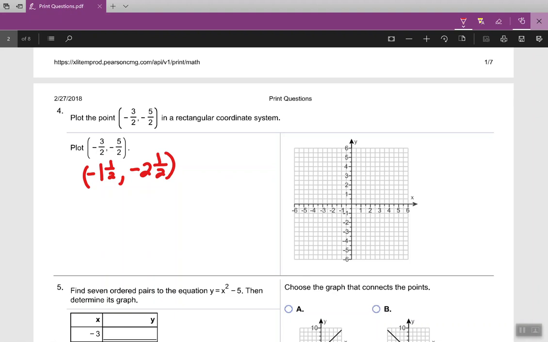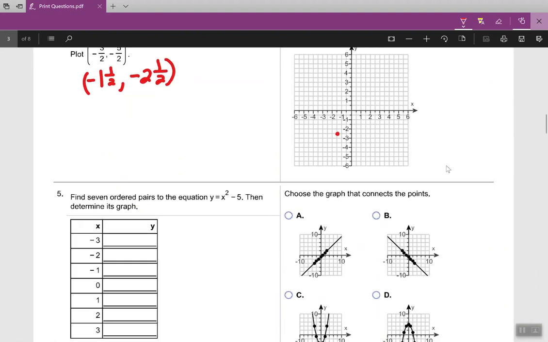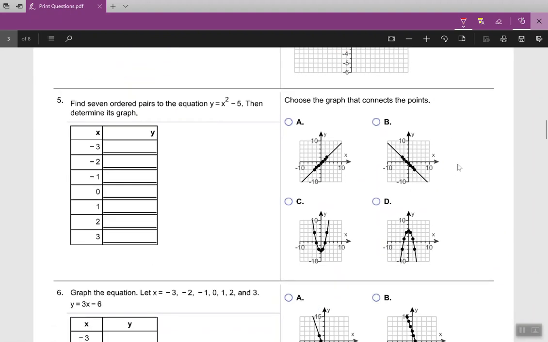So I'll go to the left 1 1/2 units, and then from there I will go down 2 1/2 units. So to the left 1 1/2 units, down 2 1/2 units, so right about there. So again, my tip would be to change those to either mixed numbers or decimals to give you a better idea of where those points are located.